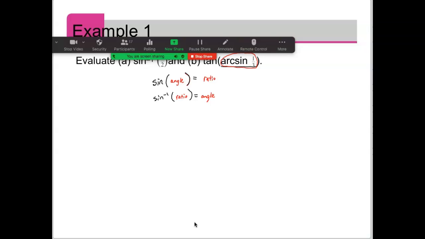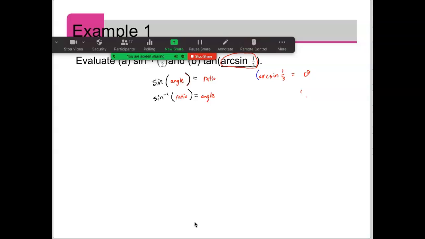It's going to be an angle, right? So what I'm going to think about is, let's call it theta, because we oftentimes use Greek letters for angles. So I know that arcsine of 1/3 equals theta, right?